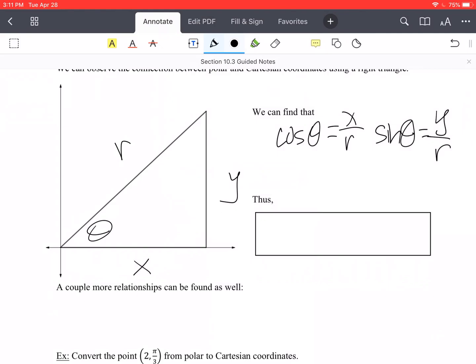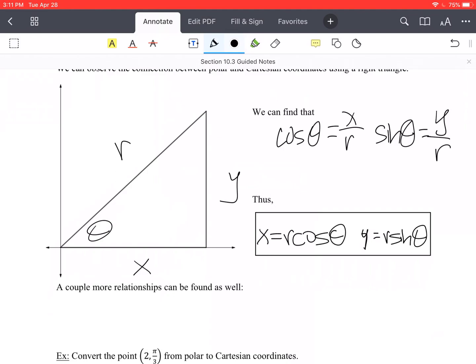Okay, so we can get formulas exclusively for x and y just by multiplying these r's across. So we get x equals r cosine theta, and y equals r sine theta. Okay, and these are the two primary conversions that we use in polar coordinates.